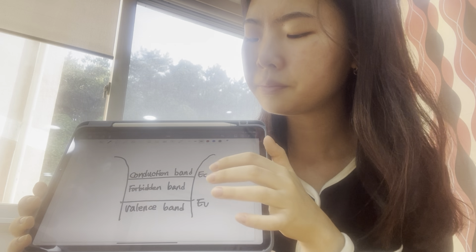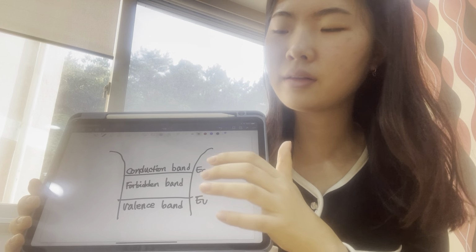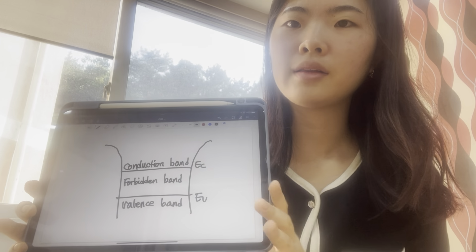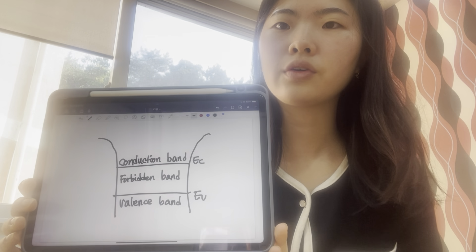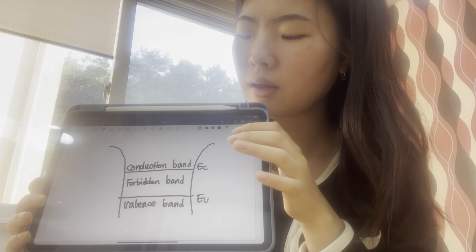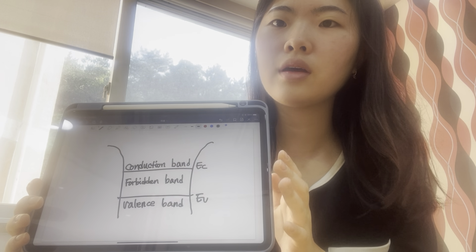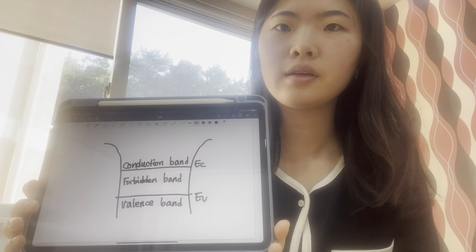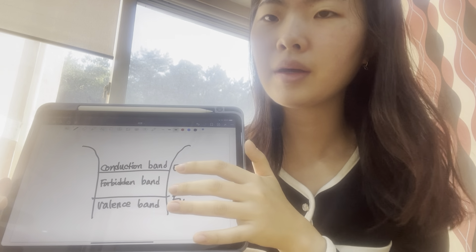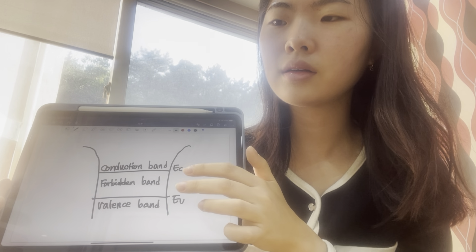And after the valence band, there is the forbidden band. In this region, there are no electrons. And after that, the conduction band is a fully emptied band.